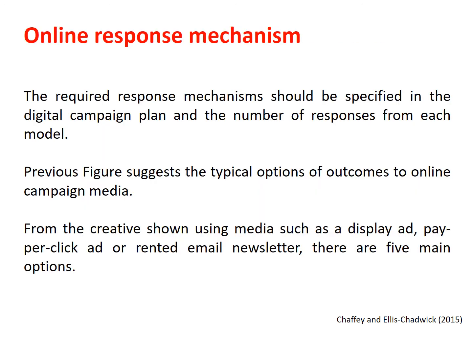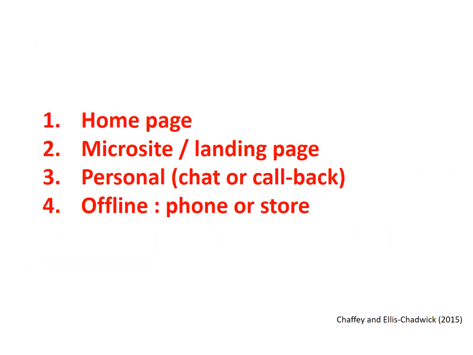Online response mechanisms. The required response mechanism should be specified in a digital campaign plan, and the number of responses from each model. The previous figure suggests the typical options of outcomes to online campaign media, from the creative shown using media such as display ad, pay-per-click.